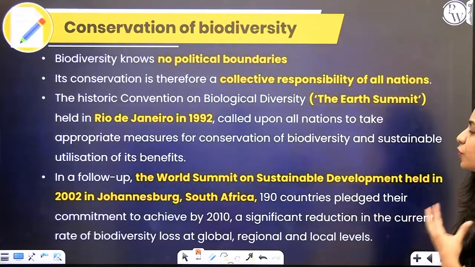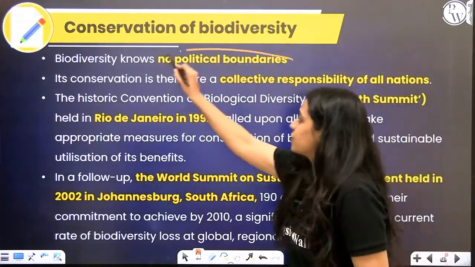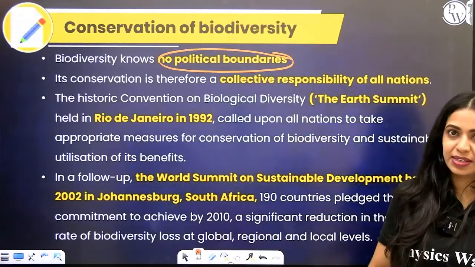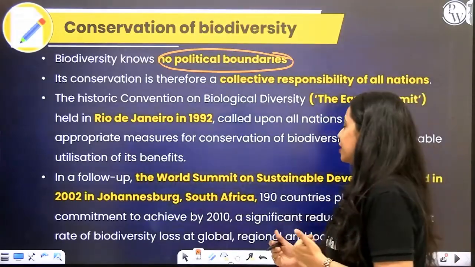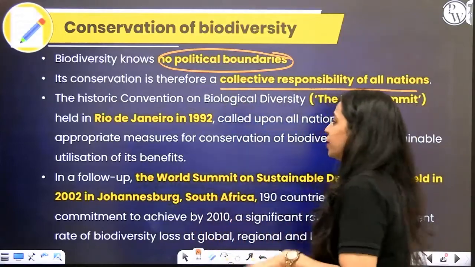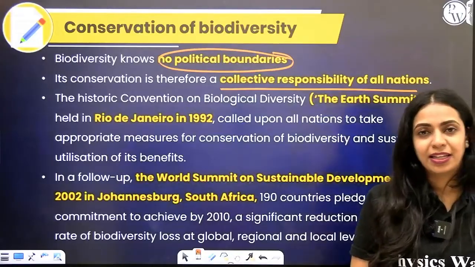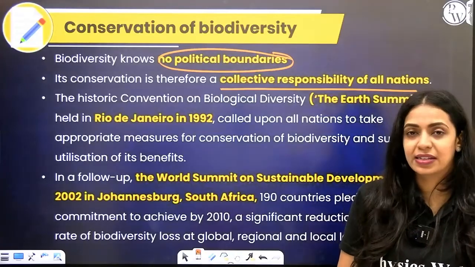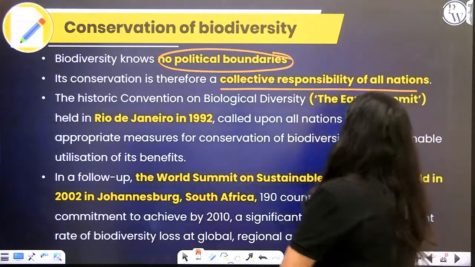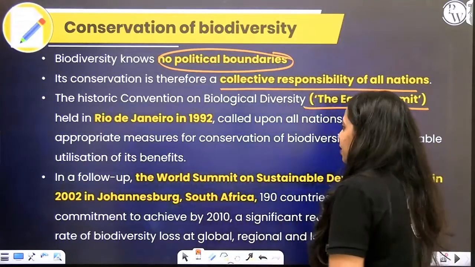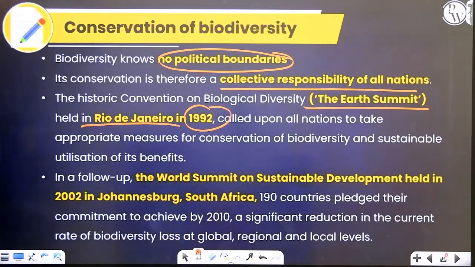Though biodiversity varies across different parts of the world, there is no political boundary for biodiversity, and all the countries throughout the world have to work towards conserving it. Therefore, it is a collective responsibility of all the countries. In order to conserve biodiversity, many nations understood its importance and how it impacts the stability of an ecosystem. They conducted the Earth Summit in 1992 in Rio de Janeiro.